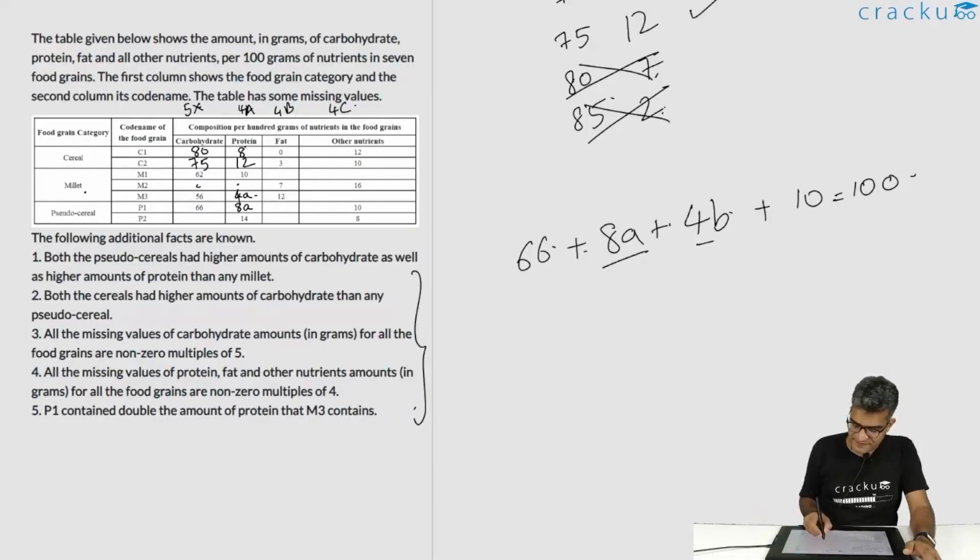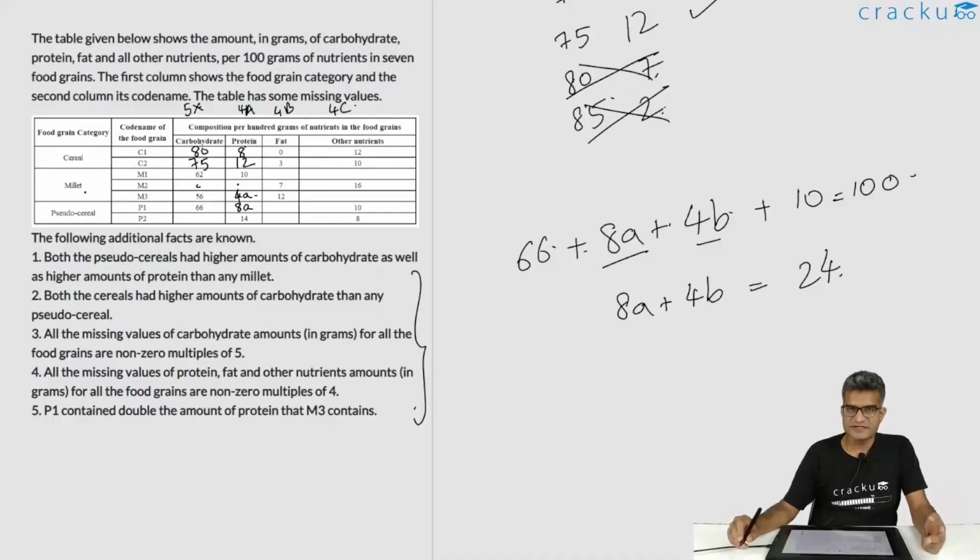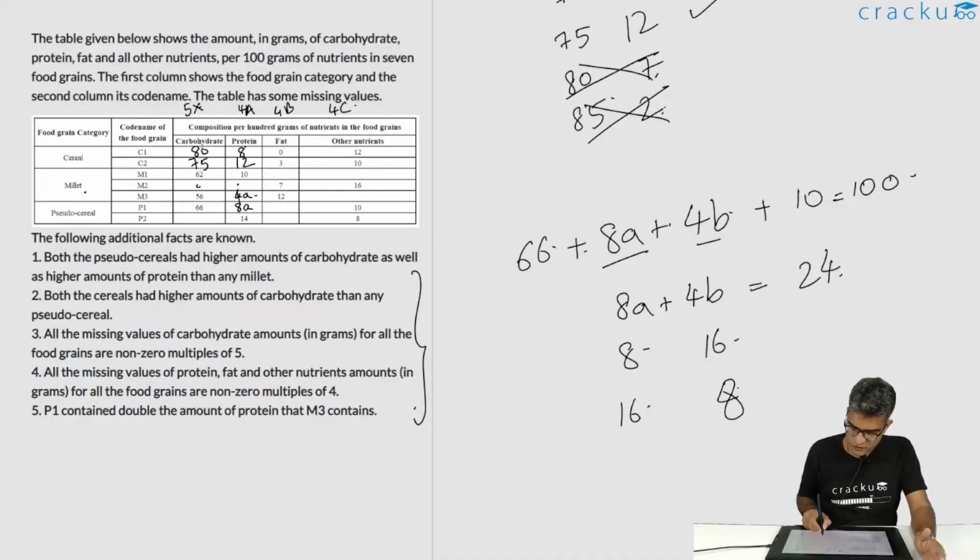Or this 8A plus 4B has to be equal to 24. So there are two possibilities. Either the multiple of 8 is 8, in which case the multiple of 4 has to be 16, or the multiple of 8 will be 16 and the multiple of 4 is 8. These two are the possibilities.